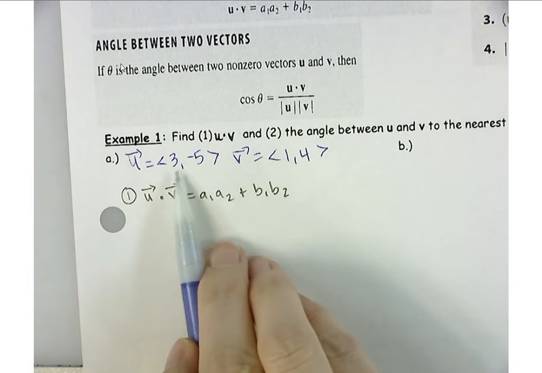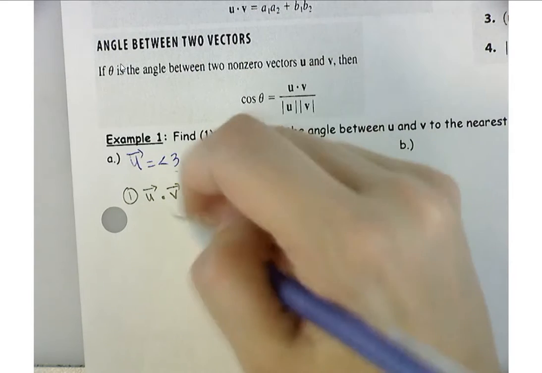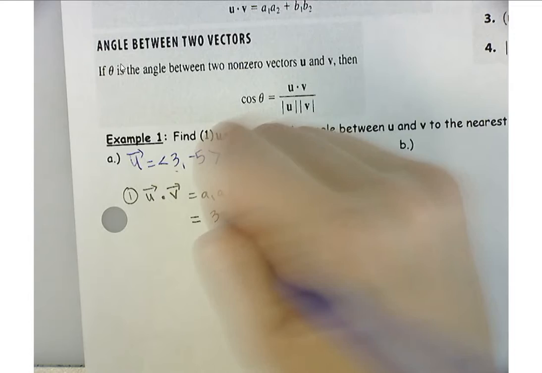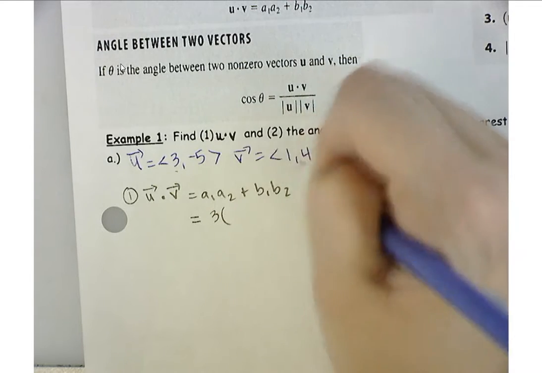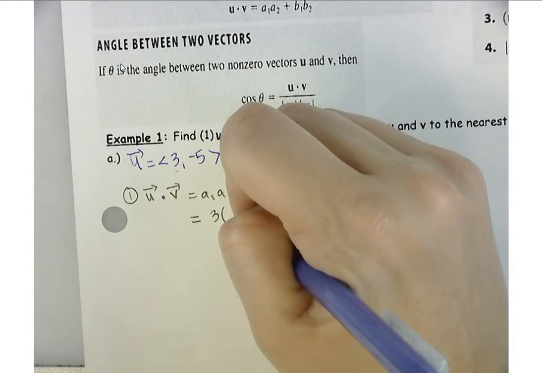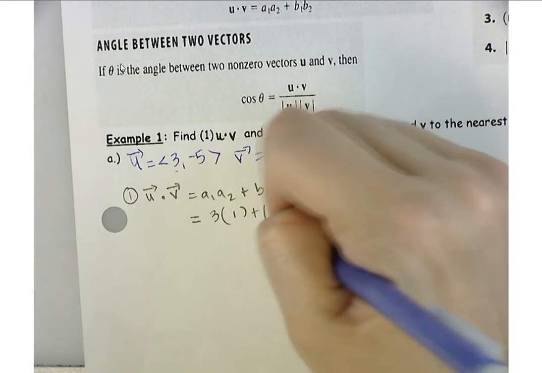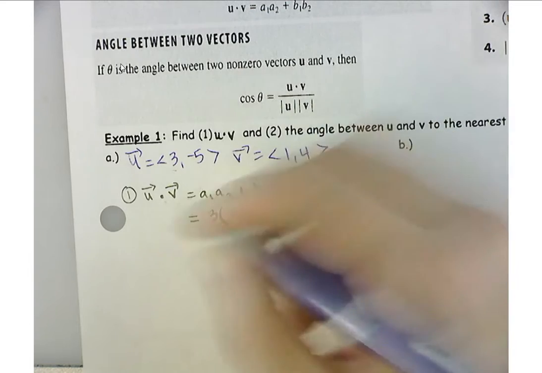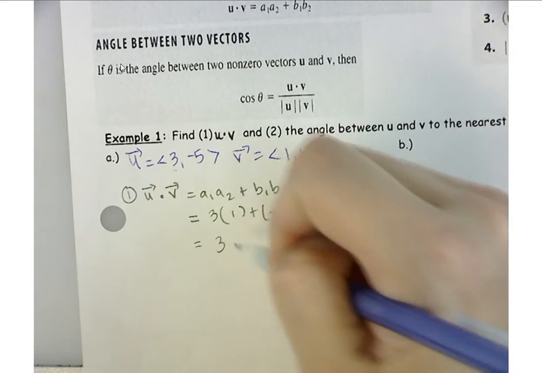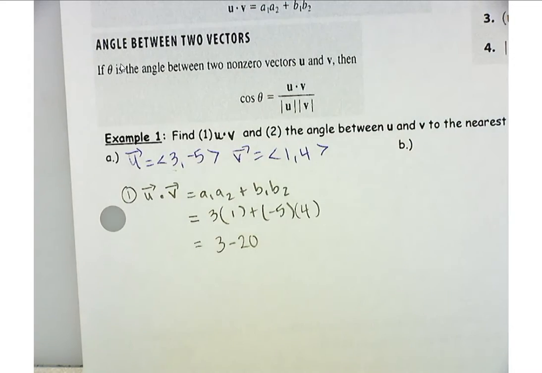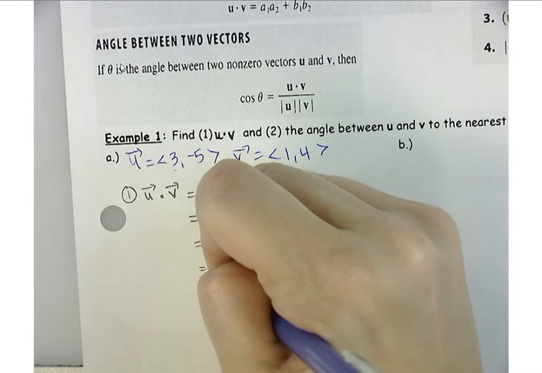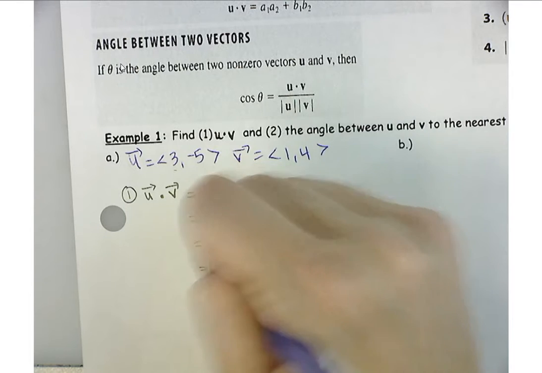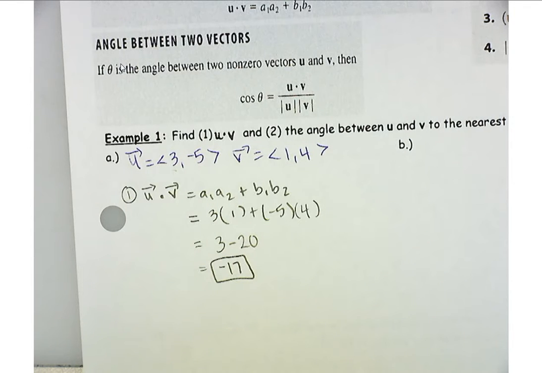So here's my a1, and then here's my a2, and then my b1 times my b2. Then I'll end up with 3 minus 20, which will give me negative 17. That is my dot product.